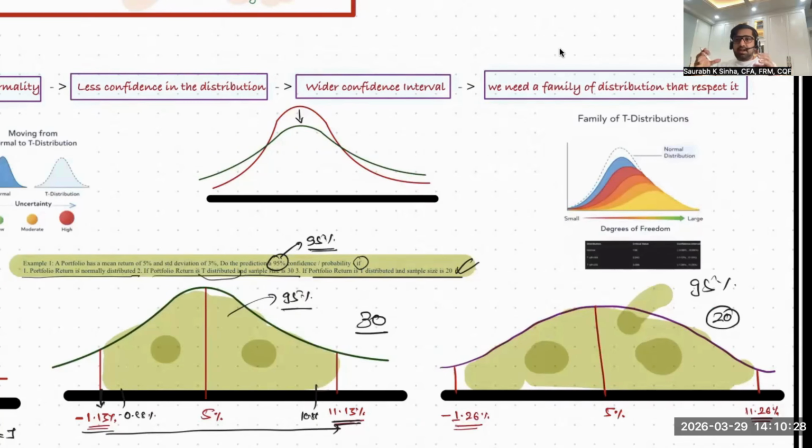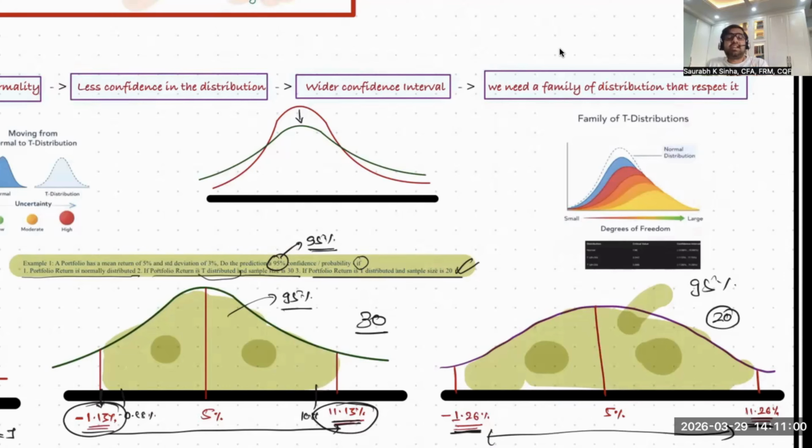Your confidence interval is much wider, negative 1.26% to 11.26%, much wider than negative 1.13% and 11.13%. This is the range of prediction, further wider. The confidence interval becomes wider. Now you'll say I'm 95% confident that the return will vary between negative 1.26% to 11.26%.